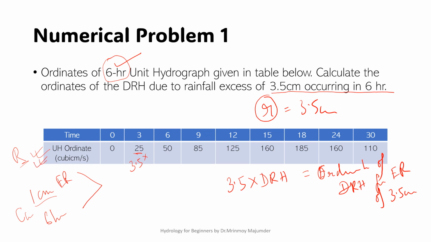I have the data of 1 centimeter excess rainfall occurring in 6 hours, because the duration is 6 hours unit hydrograph. Then multiply straight away 3.5 with the ordinates of this. So 3.5 into 25, I think it is nearly 87.5 and so on.